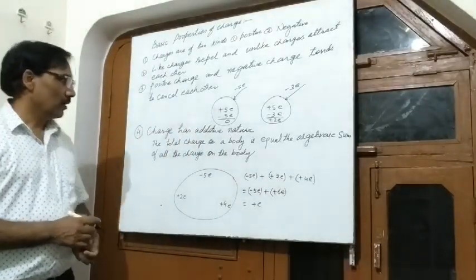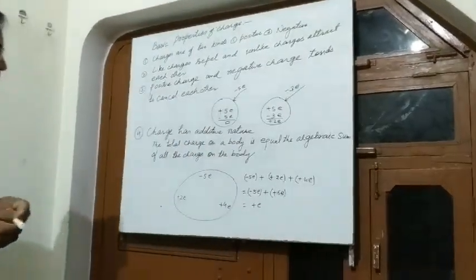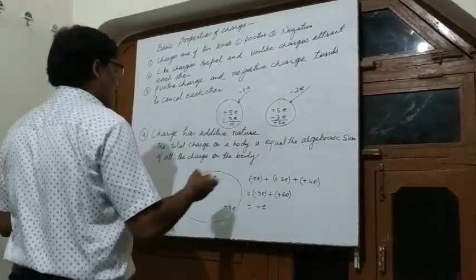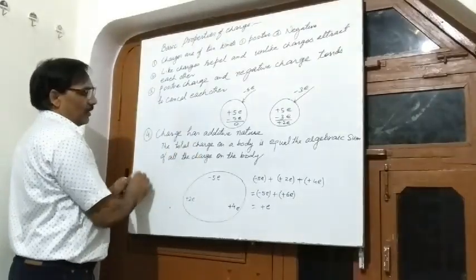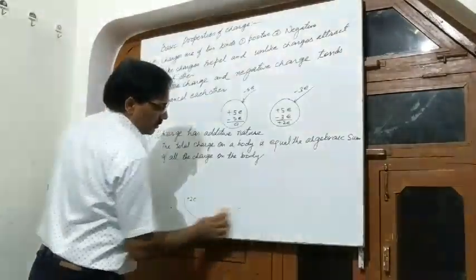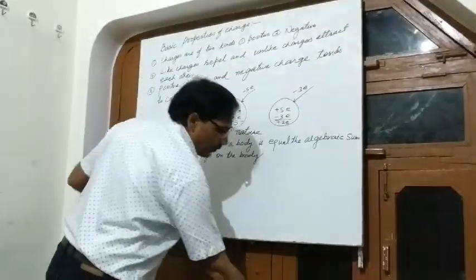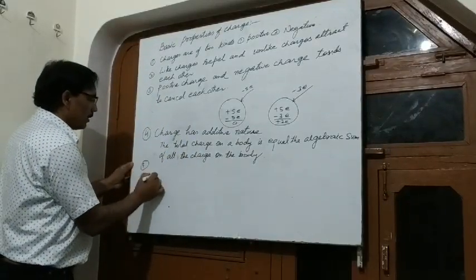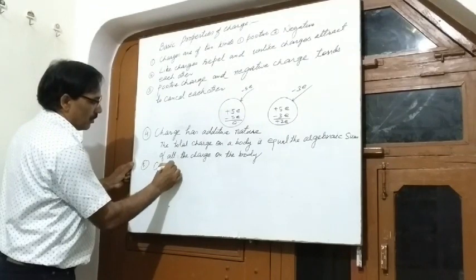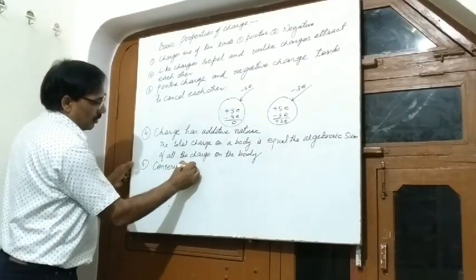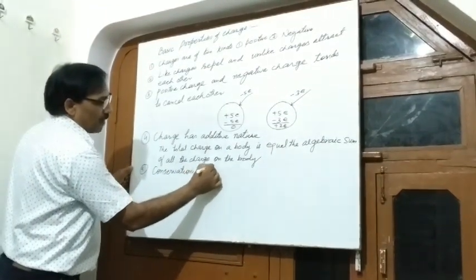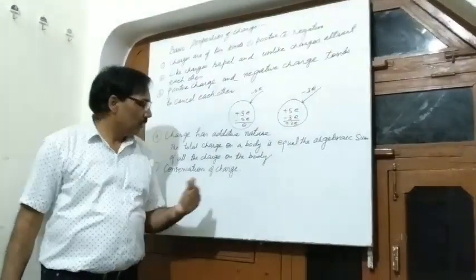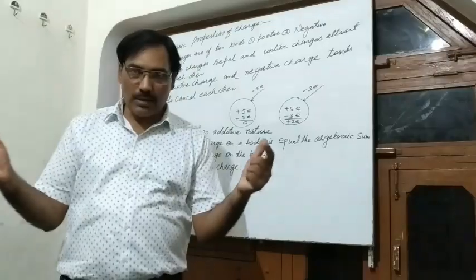This is the meaning, charge has additive nature. Clear? Now we move to the next property of the charge. Next property of the charge is number 5, conservation of charge. Conservation of charge. That is, charge is conserved.